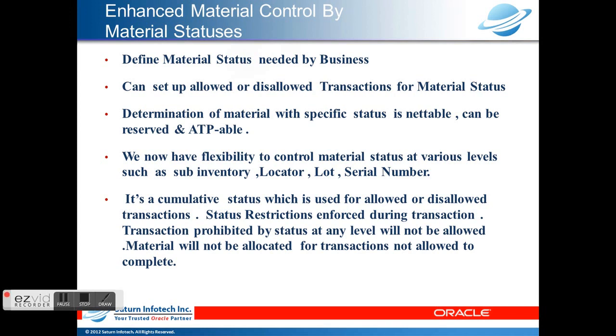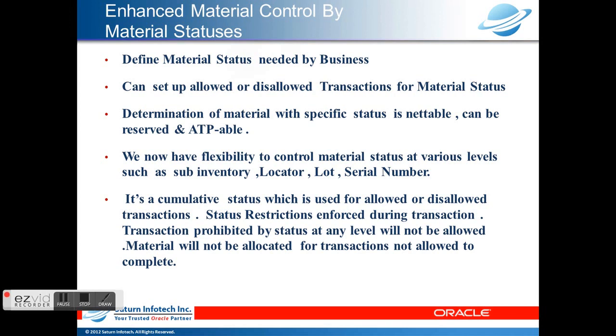What is meant by cumulative status? For example, we define the status of the material at different levels, like sub-inventory, locator, lot, and serial number. The cumulative status of that material has to be valid to do the transaction.